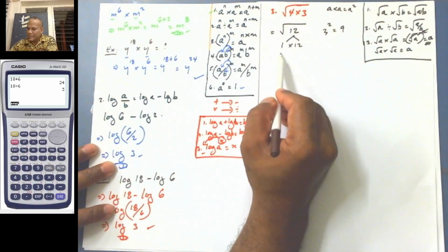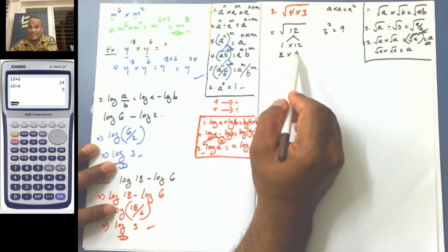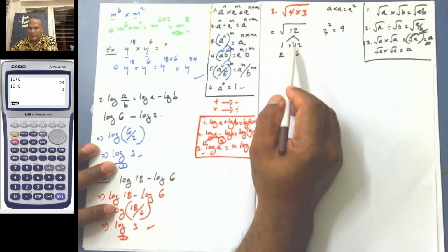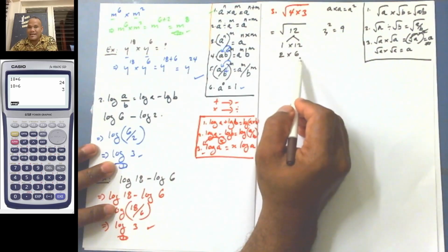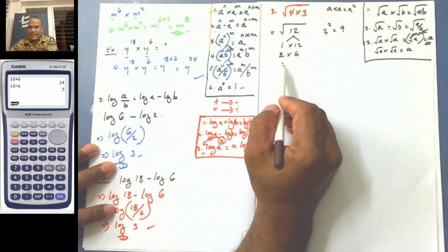No. Okay, let's look at 2. 2 times 6 gives you 12. Factors of 12 are 1 and 12, 2 and 6. Are any of these numbers square numbers, meaning a number that is multiplied by itself to give you that number? No. What are other factors of 12?